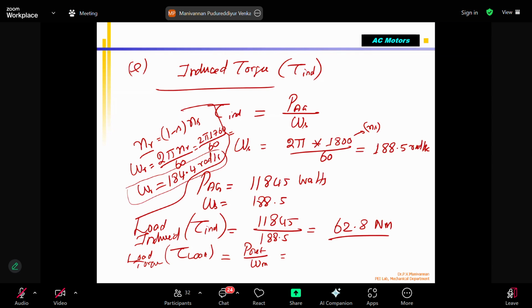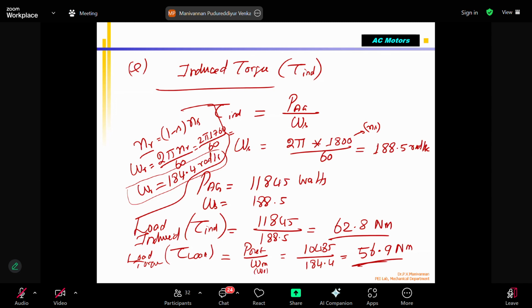P out is already given. P out is 10,485 watts divided by omega m, or omega rotor, both are same. So it is going to be 184.4. So it is going to give 56.9 Newton meters. So we got the answer.